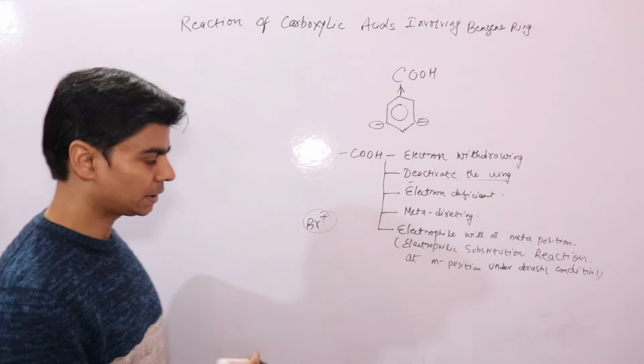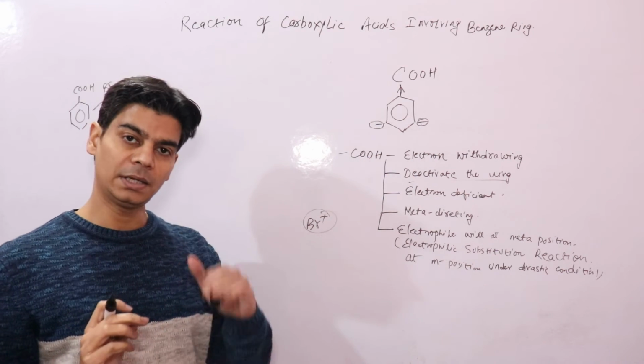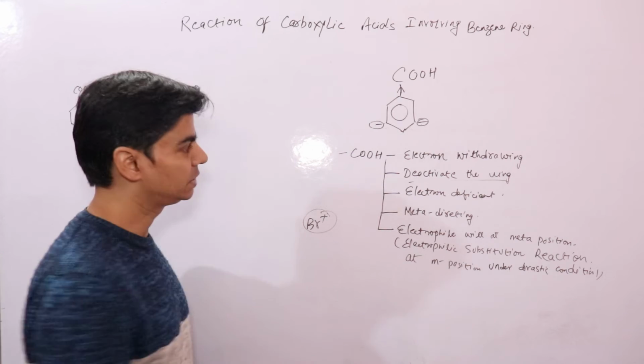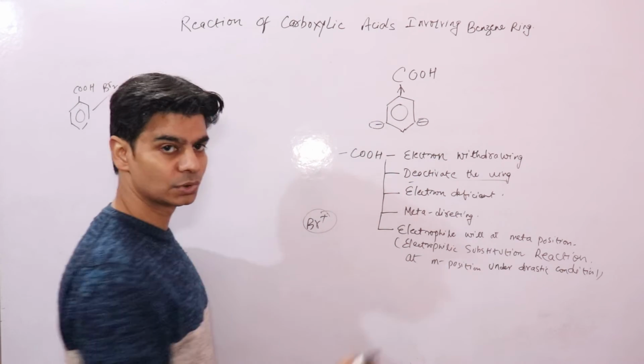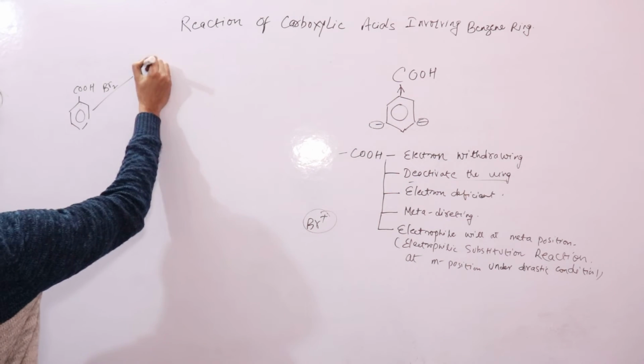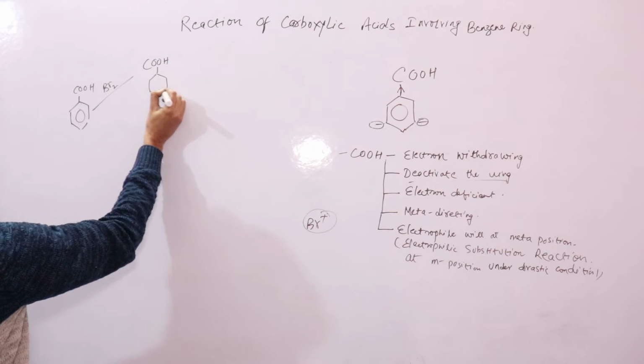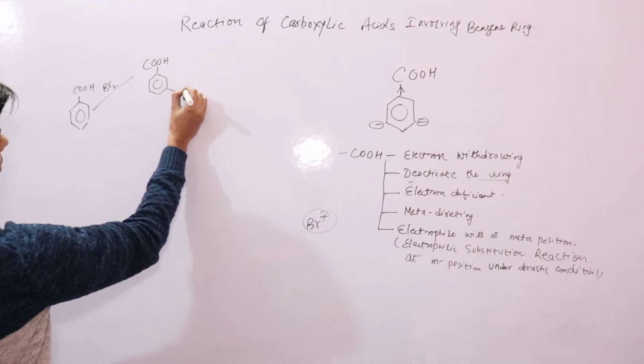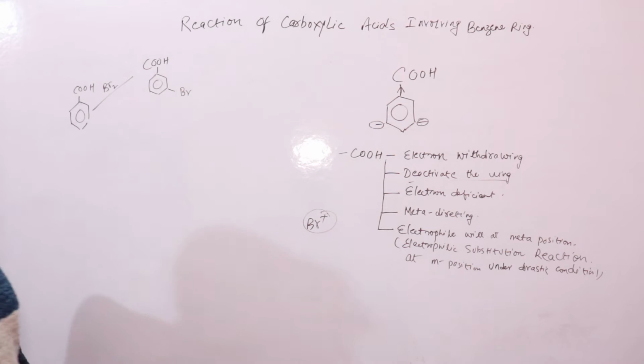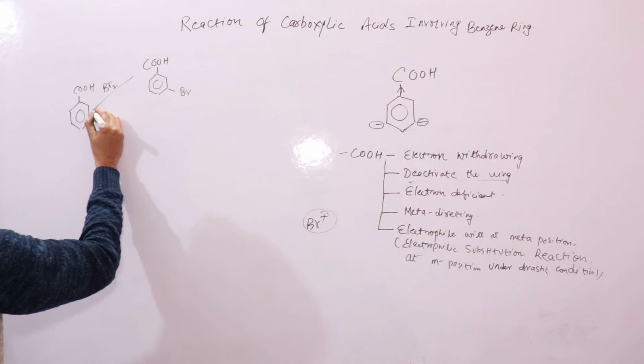So it will attack this benzene ring at positions of high electron density, which in this case are only the meta positions, right? So you will get this meta-bromobenzoic acid. This is the product that you will get.